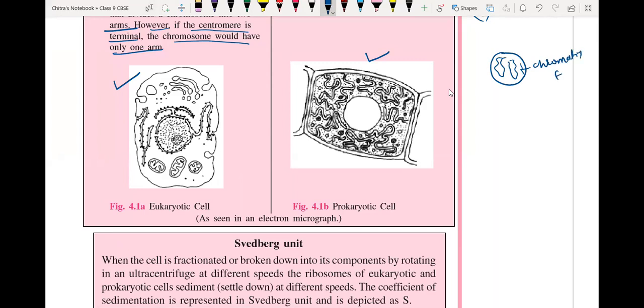During cell division, that chromatin fiber, which is nothing but DNA, starts condensation, and it appears like this. This is called a chromosome, and it forms during the time of cell division.